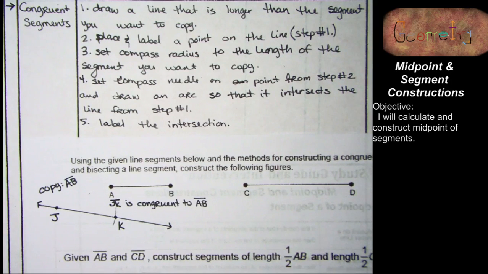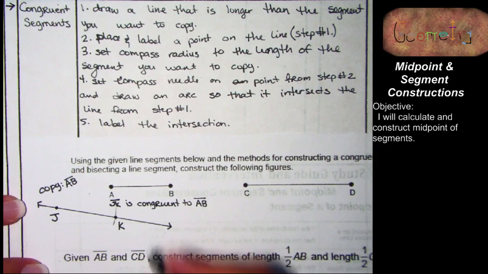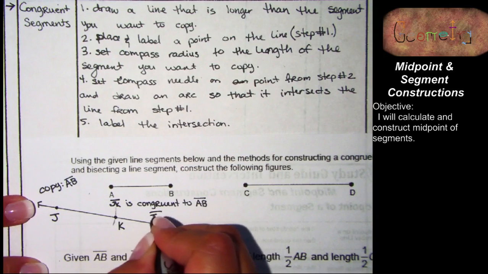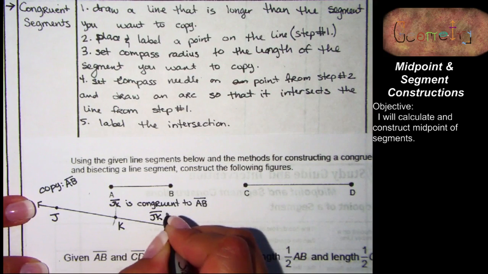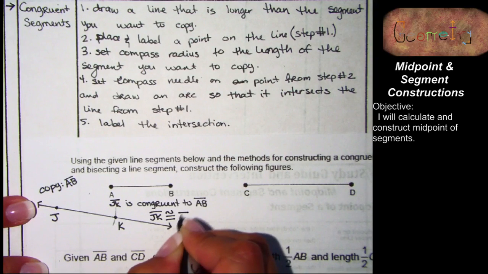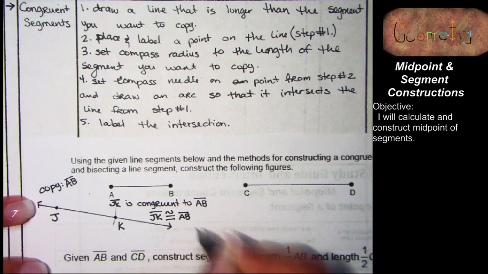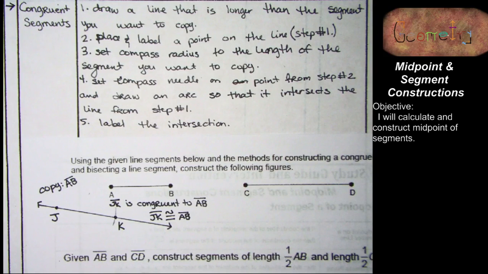Can you see that you'll have to write is congruent to a lot? Do you want a symbol so you don't have to write all those words? Yes. Me too. Here's your symbol. Line segment JK is congruent to line segment AB. You've seen it before? Awesome. Now you know what it means.